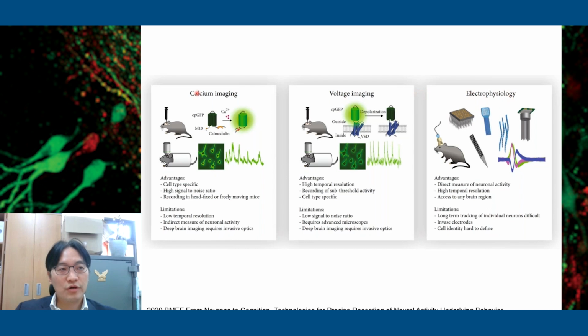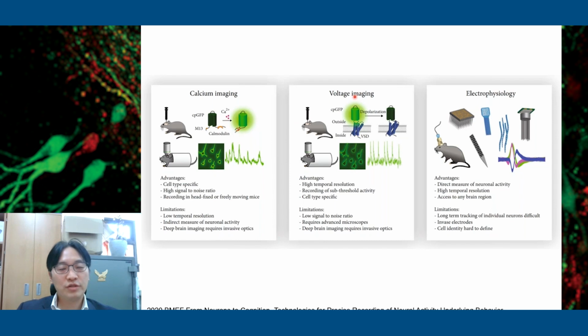So for now, I'm going to focus on the calcium imaging because of the advantage of the cell type specificity and high signal to noise ratio. So the calcium imaging uses the cellular calcium concentration as the proxy for the electrical activity.